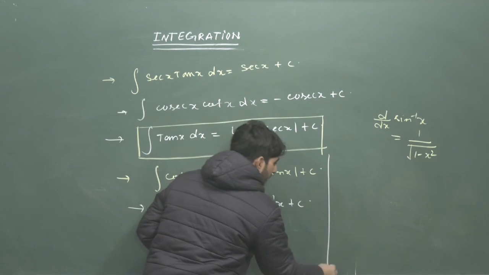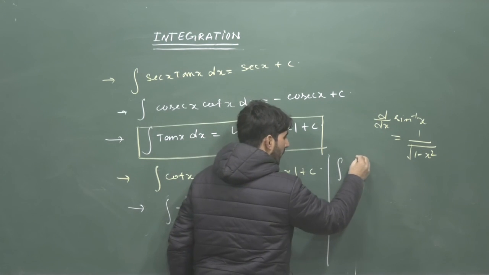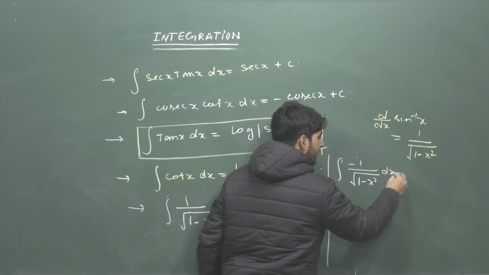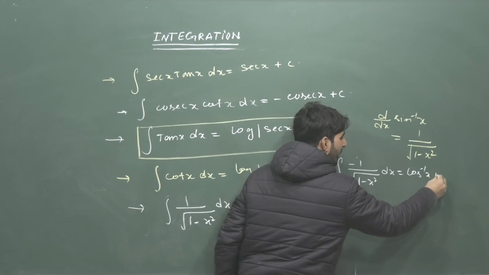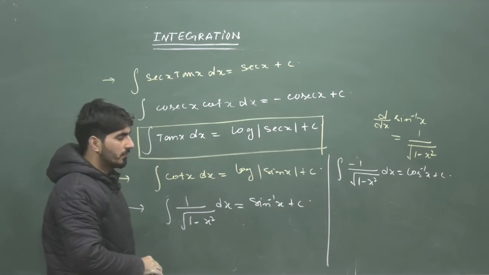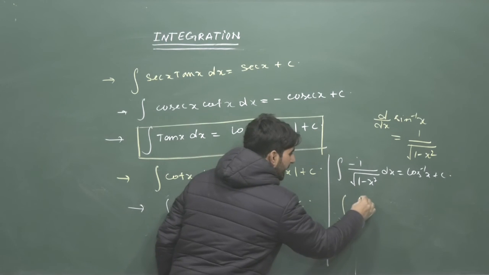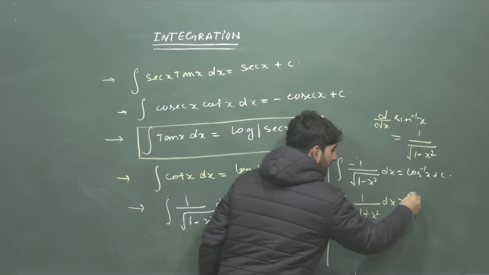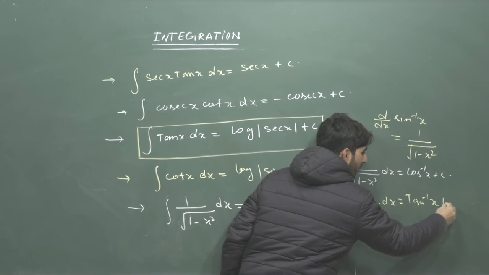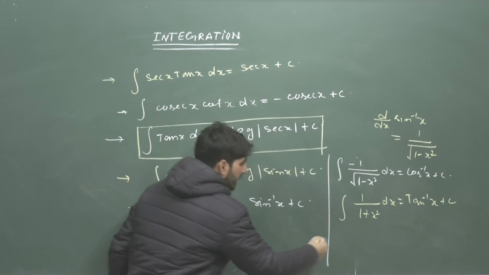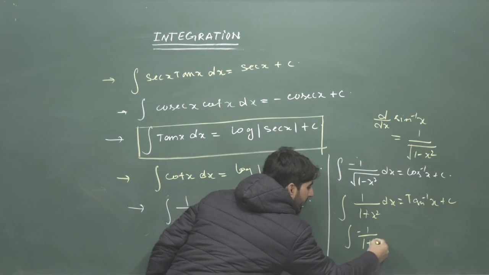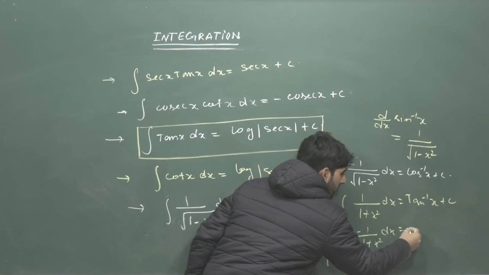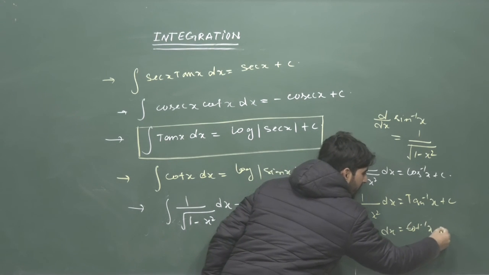Similarly, integration of minus 1 divided by root over 1 minus x square dx is cos inverse of x plus c. And integration of 1 divided by 1 plus x square dx is tan inverse of x plus c. And integration of minus 1 divided by 1 plus x square dx is cot inverse of x plus c.